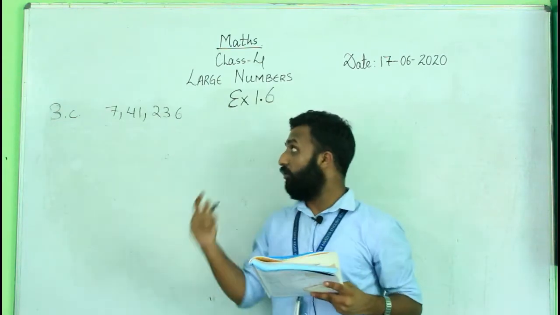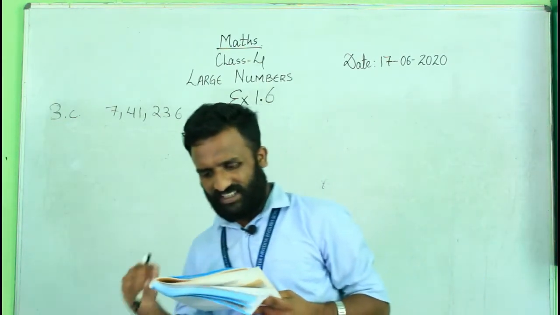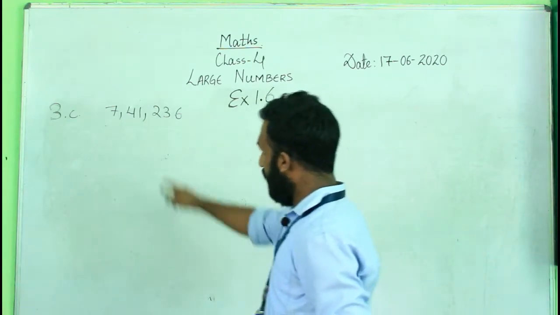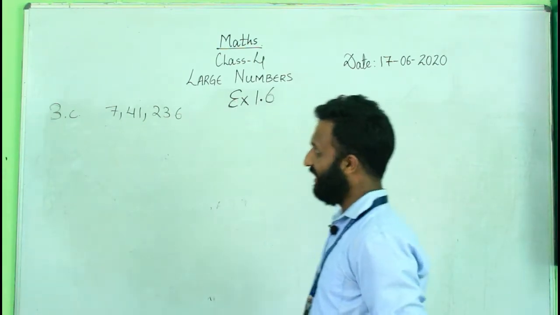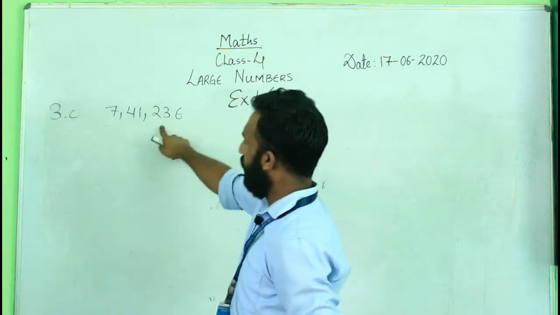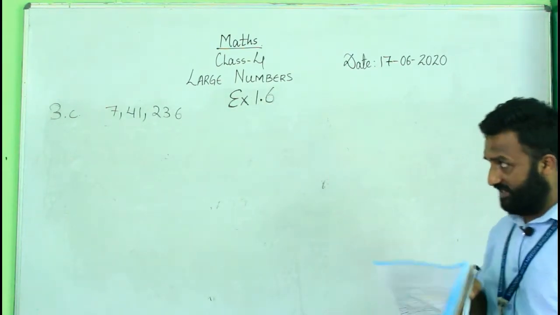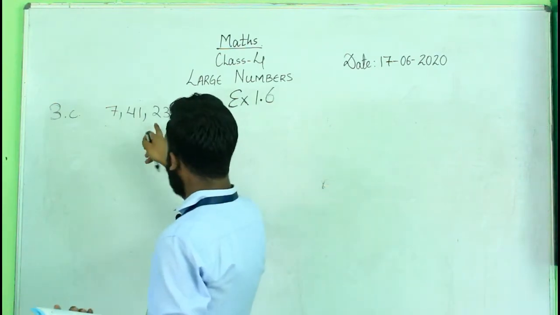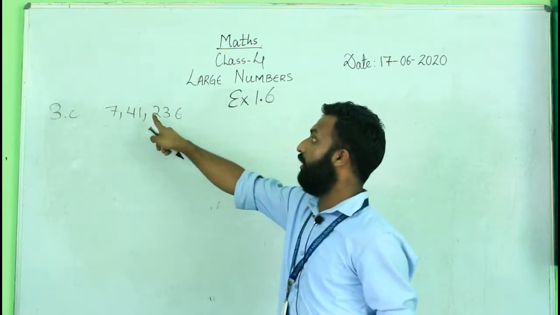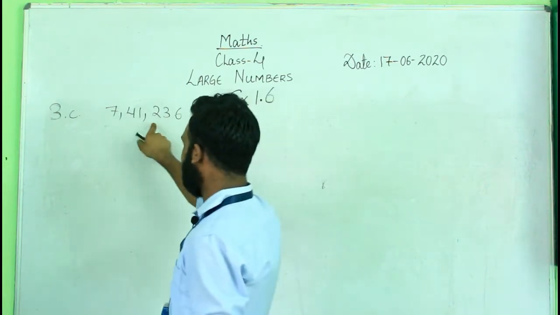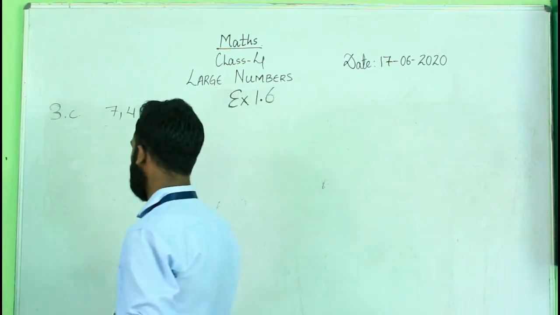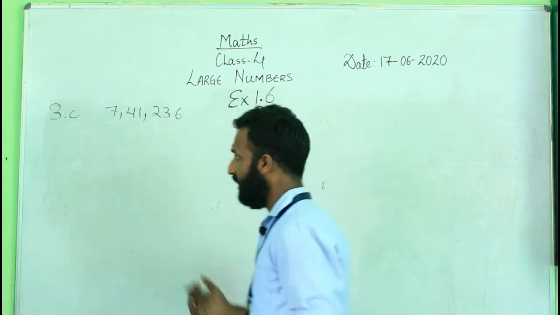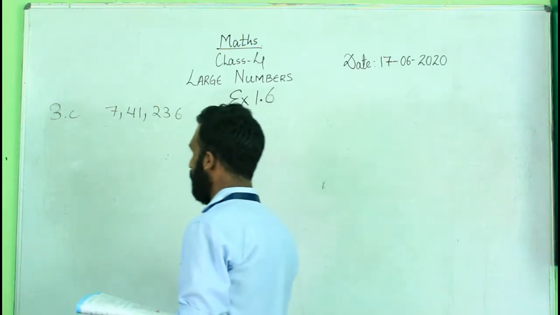Whenever we are going to round the number to the nearest 1000, we will check the number at the 100 place. At the 100 place we have the number 2. This is less than 5. As we did for nearest 10 and nearest 100, we will do here also the same way.